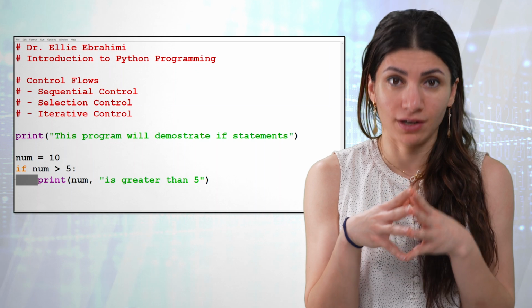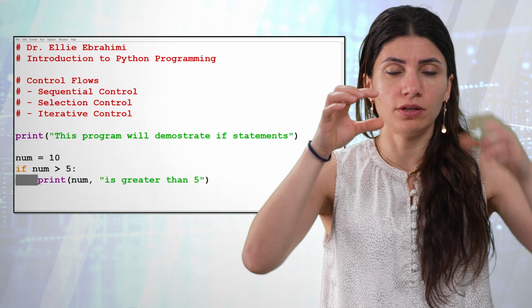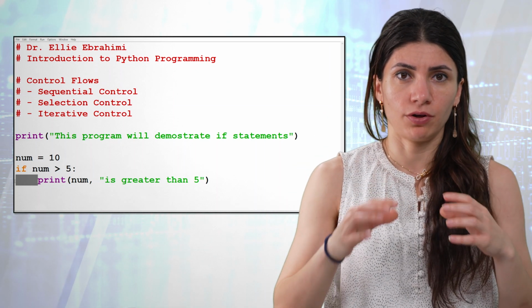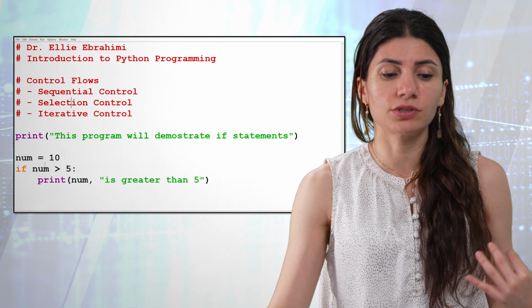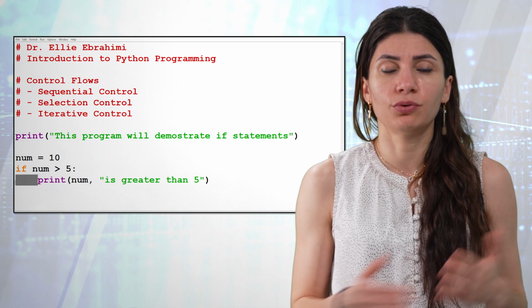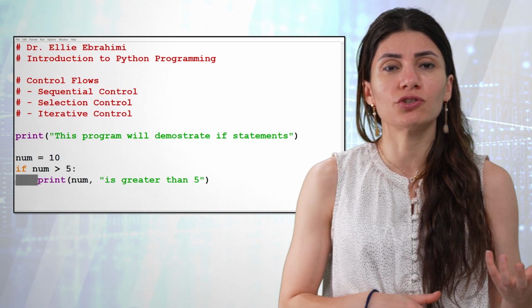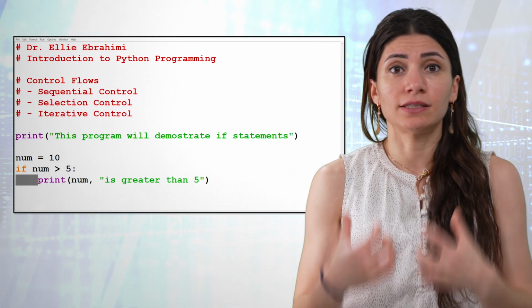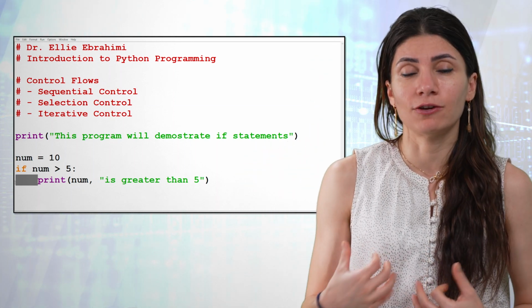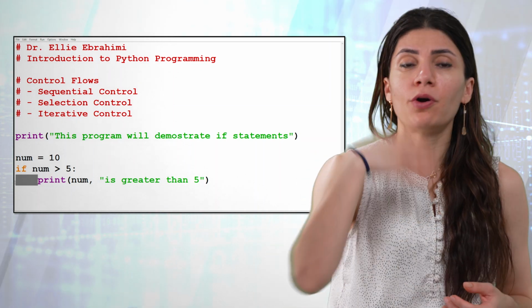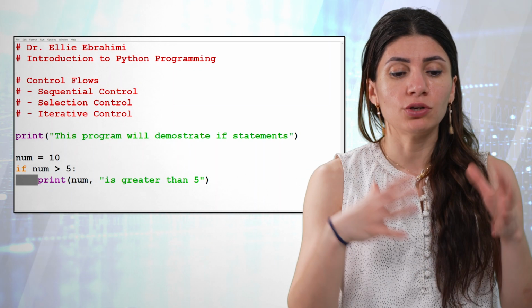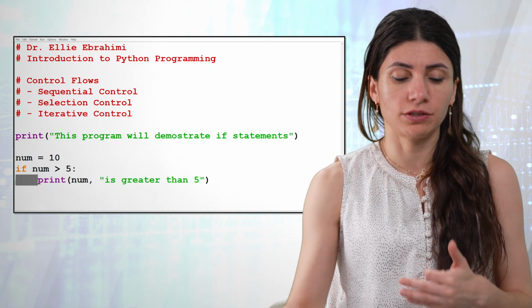It's going to give you an error message. All of the main blocks that we have in Python, the ones that you use to create different control flows, are going to include indentations. The indentation means that a statement or statements are part of a selection control or part of an iterative control. And it knows exactly what is part of what.